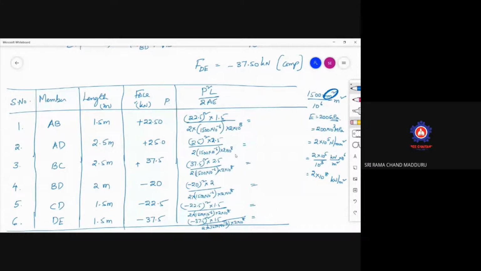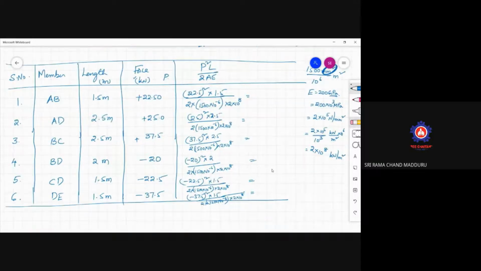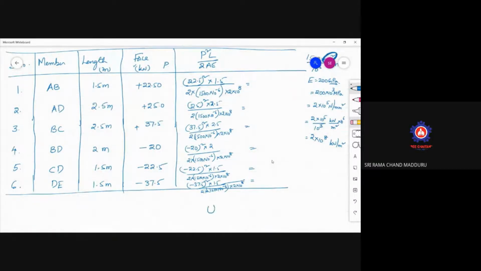So you will get the P square L by 2 AE values. All of you tell me one thing. What is the final value, sigma P square L by 2 AE? All of you, are you able to follow it?